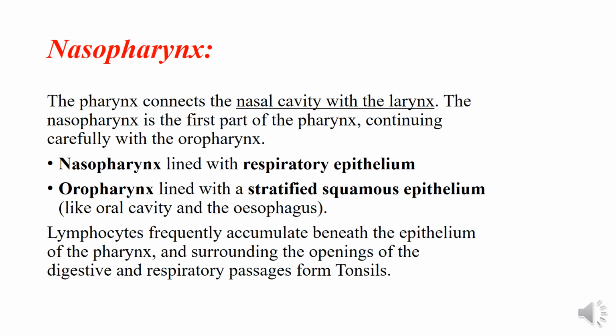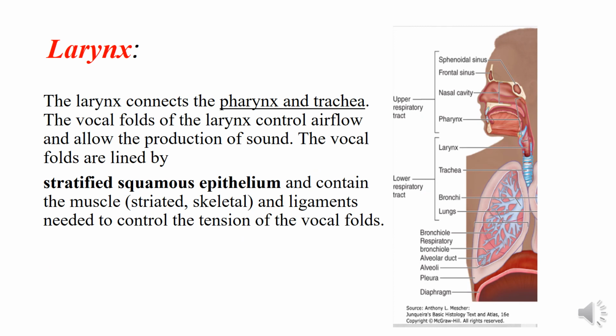Lymphocytes frequently accumulate beneath the epithelium of the pharynx and surrounding the openings of digestive and respiratory passages, forming tonsils. The larynx connects the pharynx and trachea.